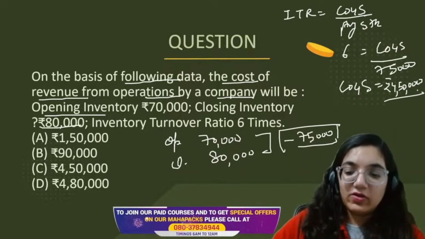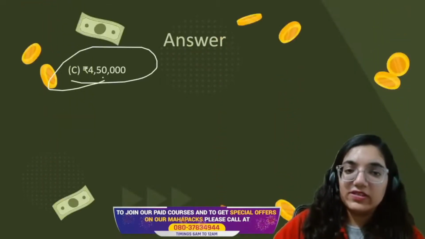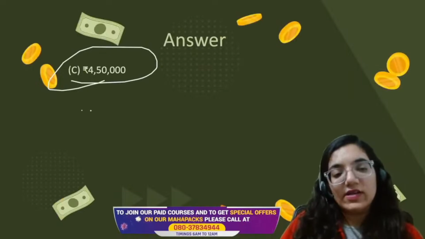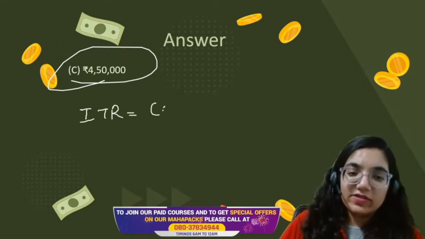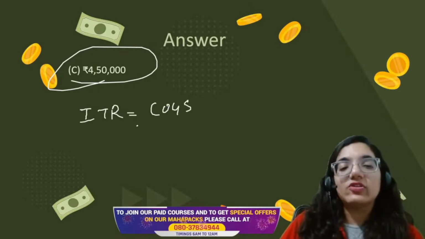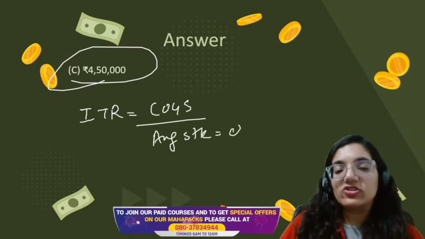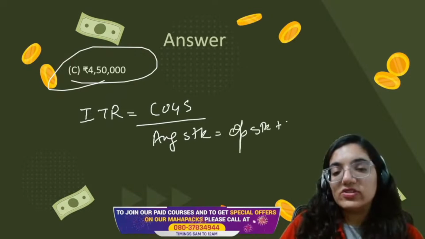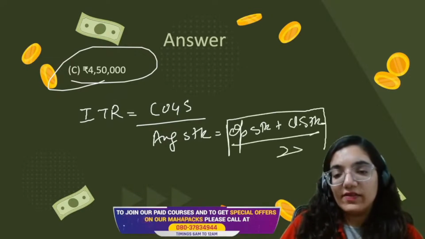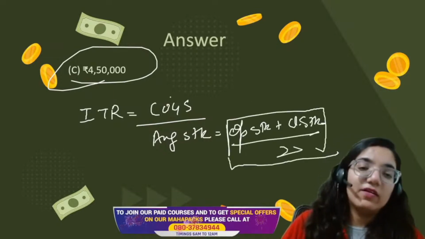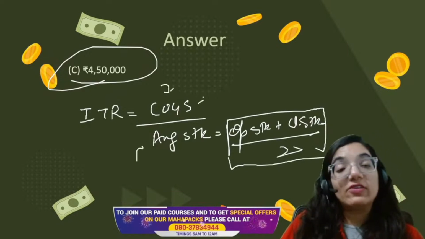Okay, now moving on to the next question. That is 4,50,000. How do we use it? This is called inventory turnover ratio. Inventory turnover ratio can be specified as COGS, that is cost of goods sold, divided by average stock, where the formula for average stock is opening stock plus closing stock divided by 2. This is the formula that we use. What is the formula for COGS, everyone?